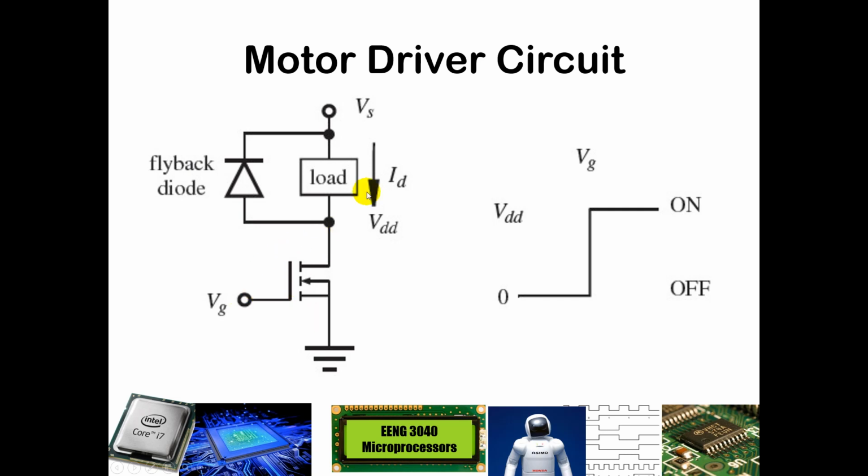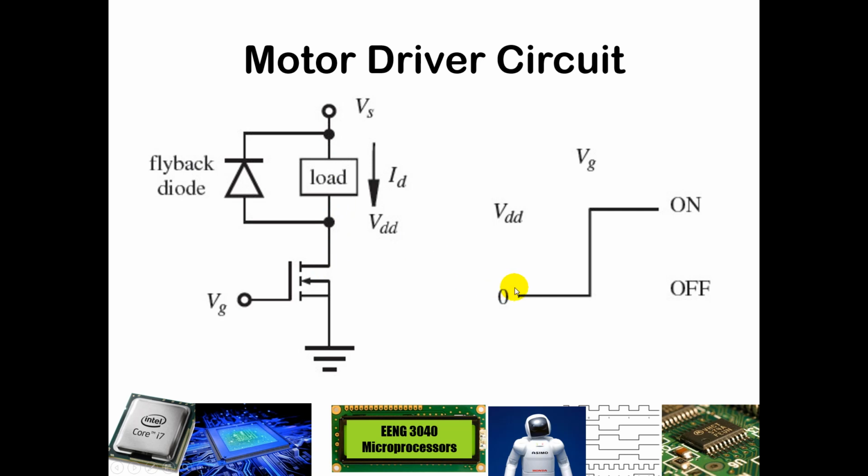If that current were to change instantaneously, that could cause severe damage to the motor. And so instead of all of the current going immediately from some positive current directly to zero, this flyback diode allows a pathway for that excess current to escape while we are slowing down to the zero current condition.